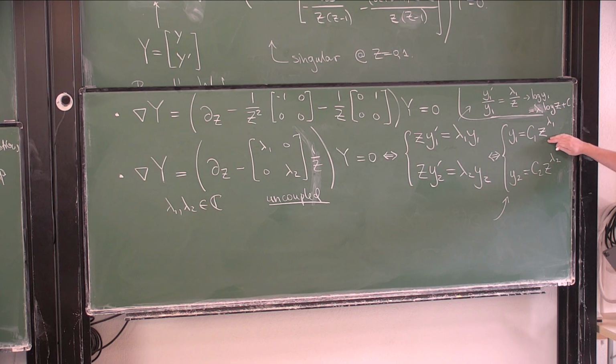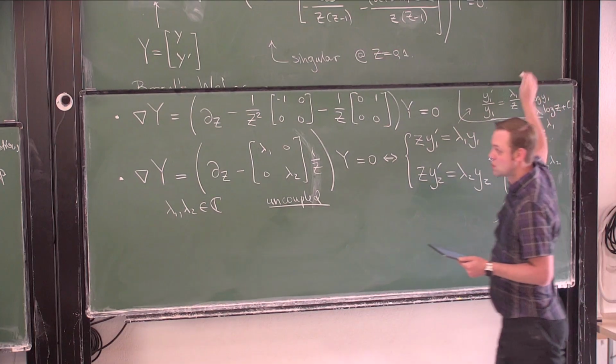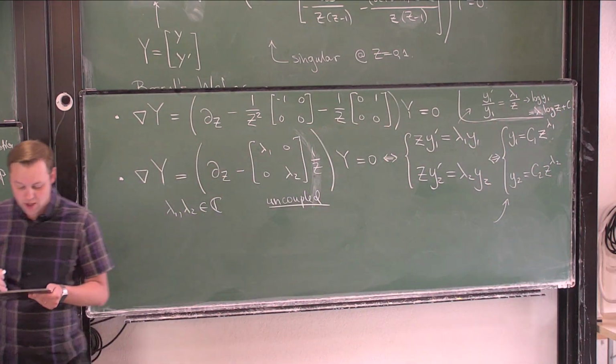These solutions may blow up as z goes to 0, because if the real part of lambda 1 is negative, then this will behave like 1 over something that's becoming very, very small. These are also not single valued in general, unless lambda 1 and lambda 2 are integers. They're only properly well defined in the complement of some kind of branch cut. So all of these phenomena are present as soon as your differential equation has a singularity.